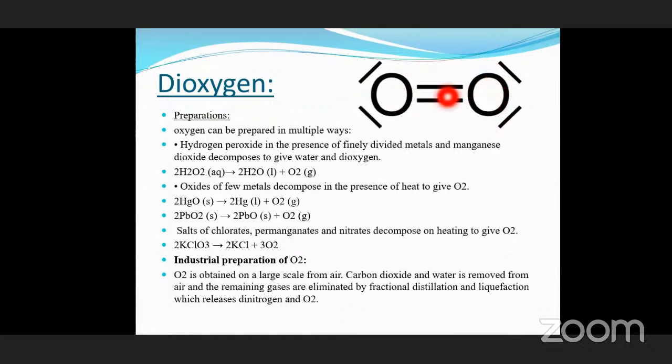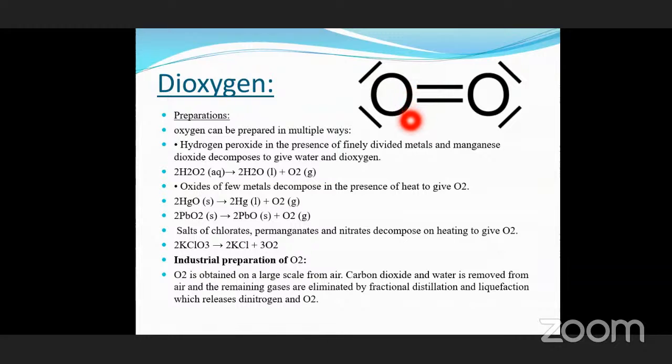In between the two oxygen atoms there is a multiple bond: one bond is a sigma bond and the other is a pi bond. That's why there are multiple bonds between the two oxygen atoms. And here there are 1, 2, 3, 4, 5, 6 electrons, so around the oxygen there are 6 electrons.